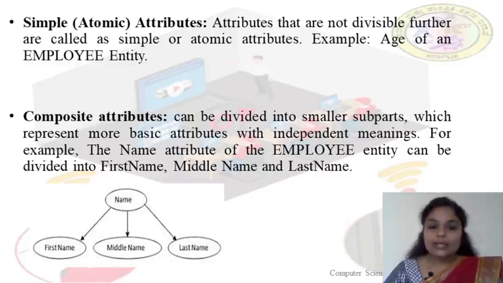So they're telling, the given attributes which can be divided into smaller parts that represent more basic attributes with independent meanings are called what? Composite attributes. For example, the name attribute of the employee entity can be divided into first name, middle name and last name.